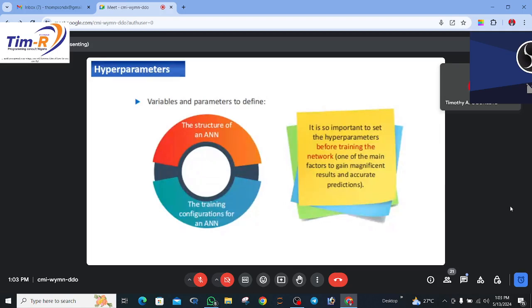The structure of the artificial neural network means, how many hidden layers should you have? Should it be 3? Should it be 4? Depending.